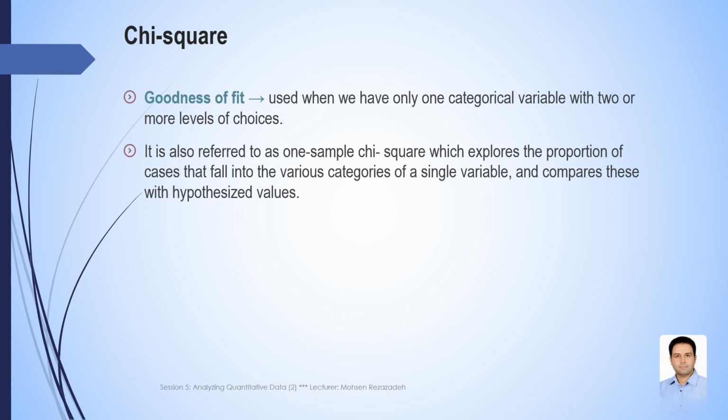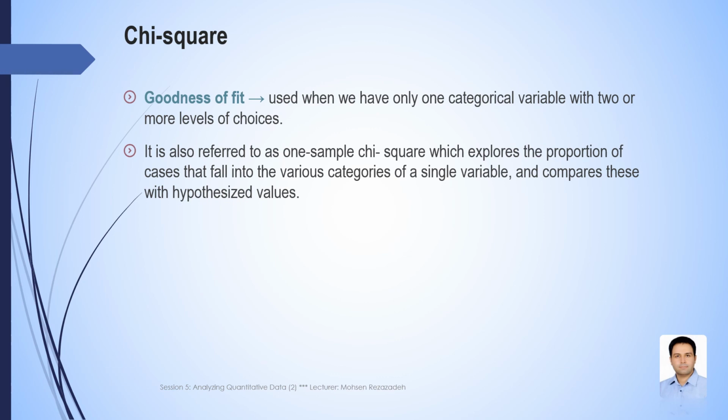This single variable is gender, with various categories like male and female, and then compares these with hypothesized values. If we have something in our mind, or previous research, for example, has showed something, we can compare our own proportions with the hypothesized values.